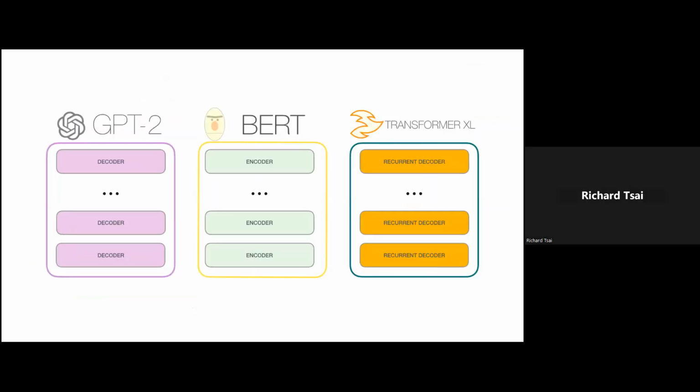GPT-2 is constructed by stacking multiple transformer decoders on top of each other, creating a deep architecture that excels at tasks like text generation and language modeling.